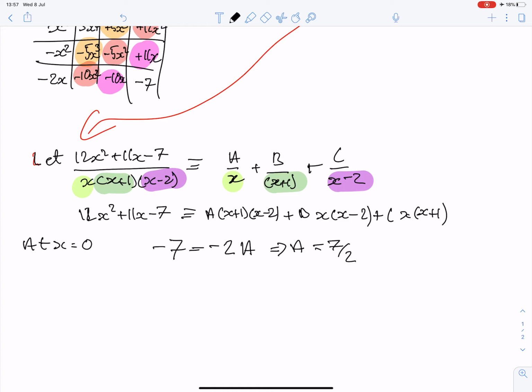Okay, now find another good value. Let's take 2. So we get 12 lots of 2 squared plus 11 lots of 2 minus 7 equals this term here. When x is 2 that will be 0, so this is 0. So we get 2 times 3 is 6c.